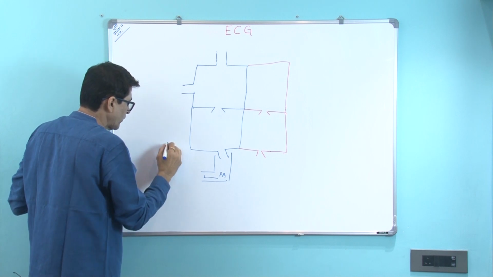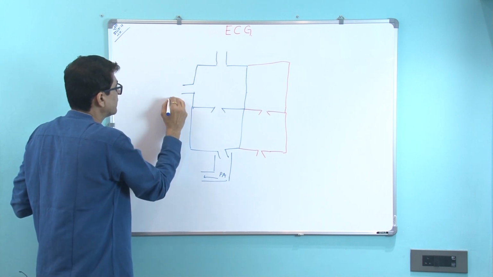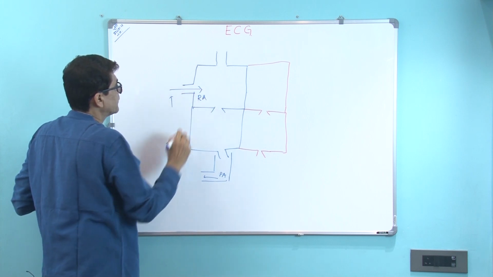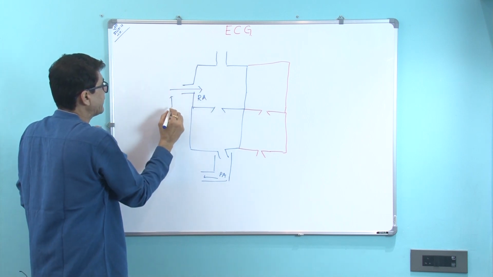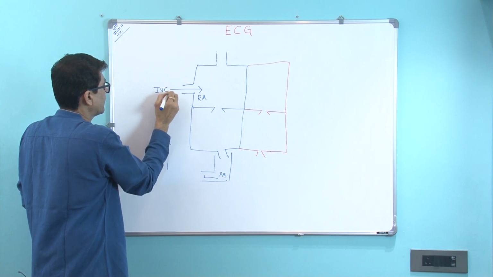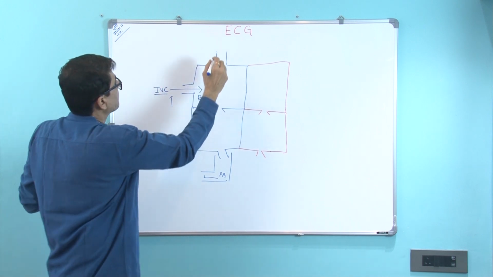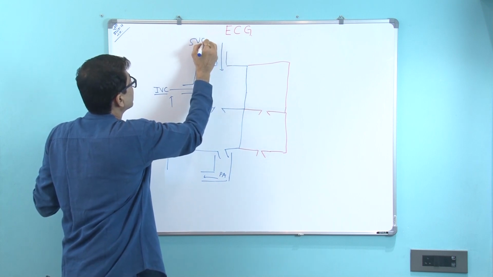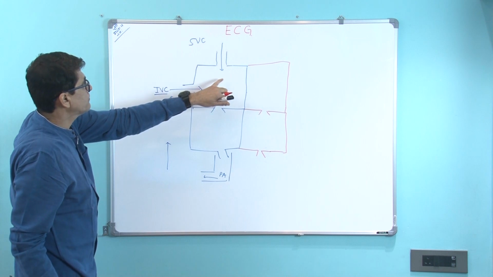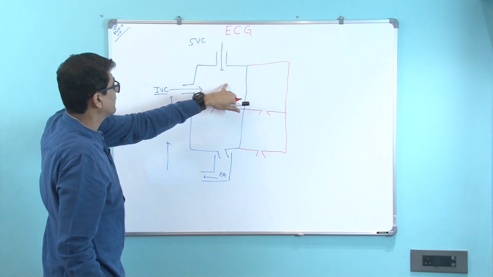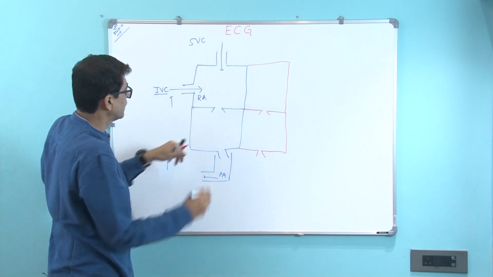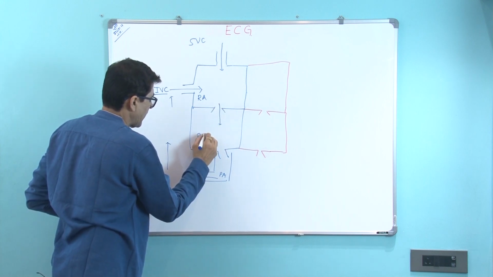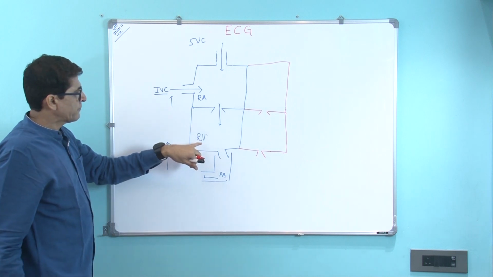From the lower part of the body, it comes to the right side of the heart, that is the right atrium, by means of the inferior vena cava, IVC, and from the upper part of the body, the blood will come via the SVC, superior vena cava. Once blood comes to the right atrium, it will go to the right ventricle, RV.